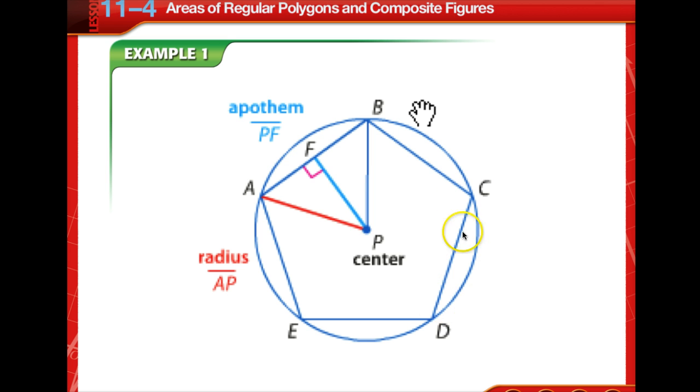That means it's inside circle P. And circle P is circumscribed. That means the circle is on the outside, touching every one of the vertices of the pentagon. The center of a regular polygon and the radius of a regular polygon are also the center and the radius of its circumscribed circle.